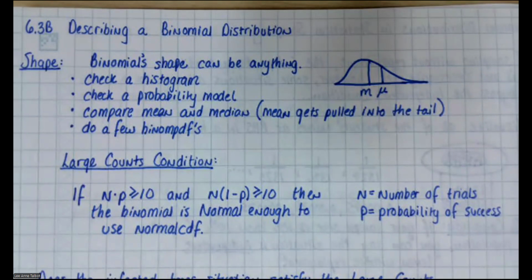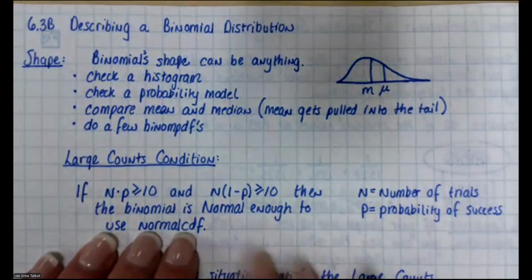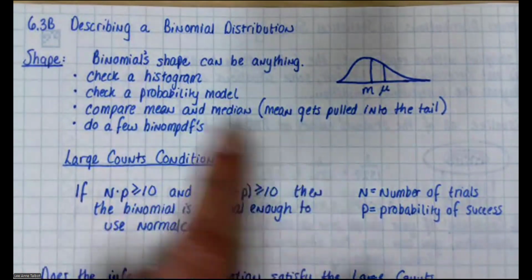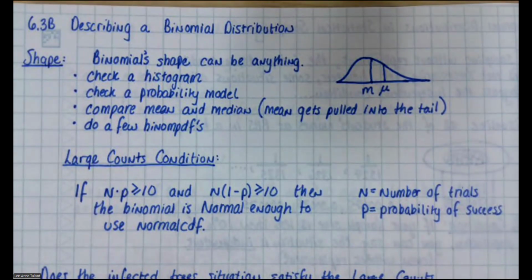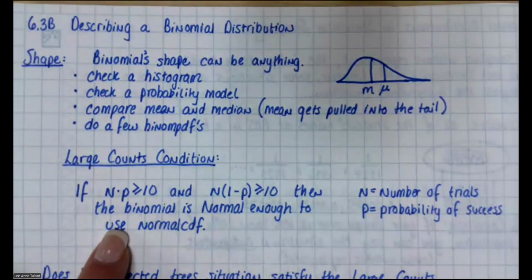Do you remember that? You can trust me that we did this, or you can go by the formula, but this large counts condition applies to binomials, but it also applies to sampling distributions. So this is what will give you the ability to use normal CDF, which is foreshadowing, by the way.